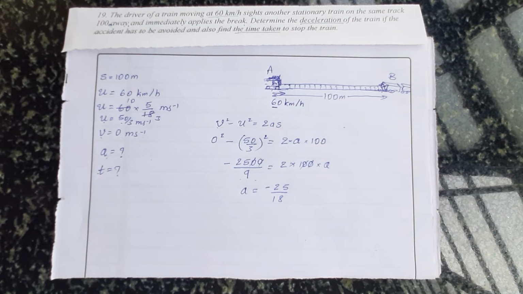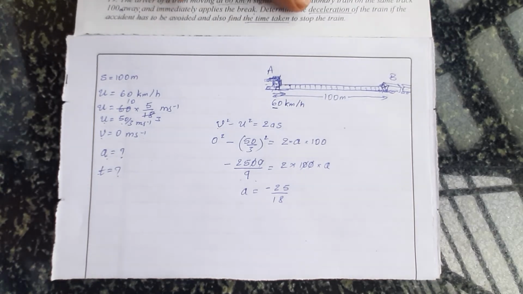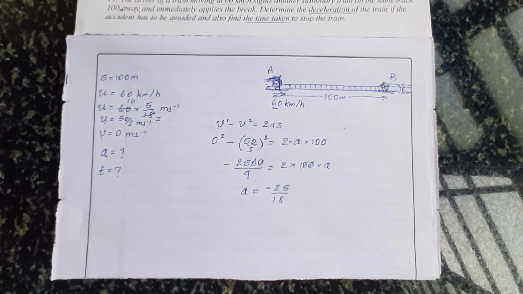So here is the final value which has to be simplified using the calculator. Okay, so rest everything is fine. 50 squared is 2500. There you have 2as.